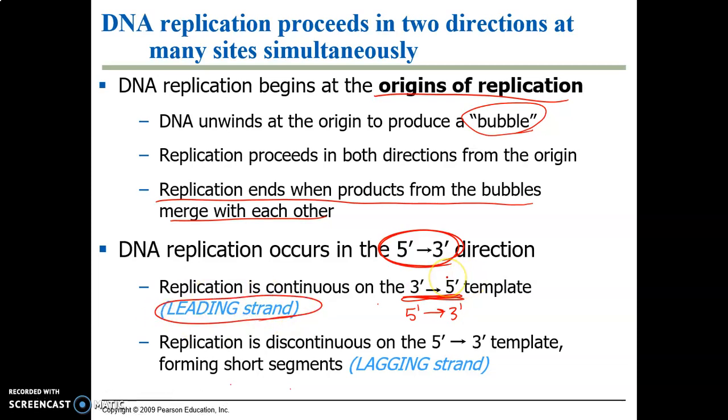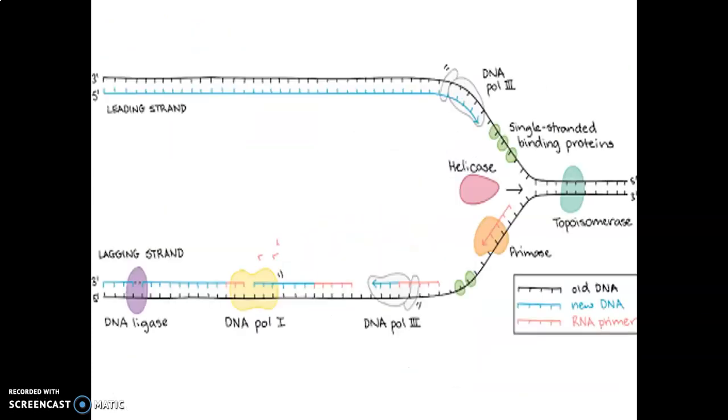It's continuous. And then if we flip to that last picture, if we look at our 3' and our 5' end, we can see that this is our 5' to 3' that's being built, right? 5' to 3' is being built. So we know that that's our leading strand.